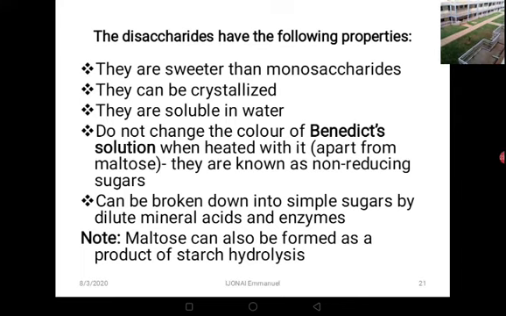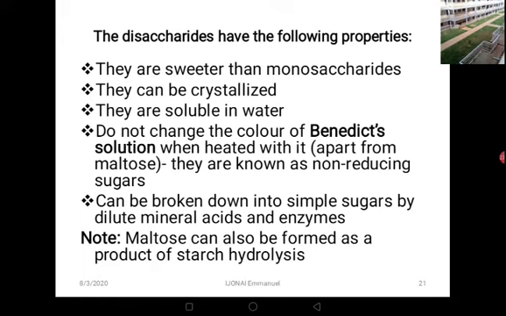And then they can also be broken down into simple sugars by dilute mineral acids and enzymes. So if you treat them with dilute mineral acids like nitric acid or hydrochloric acid, these disaccharides can be broken down to monosaccharides. Also, if you treat them with enzymes, for example, if you treat sucrose with the sucrase enzyme under suitable conditions, sucrose will be broken down to glucose and fructose.